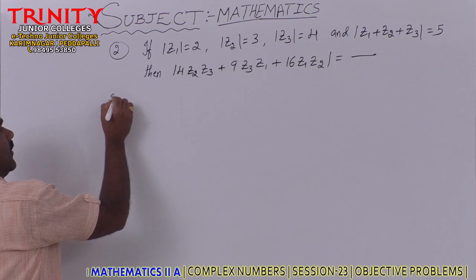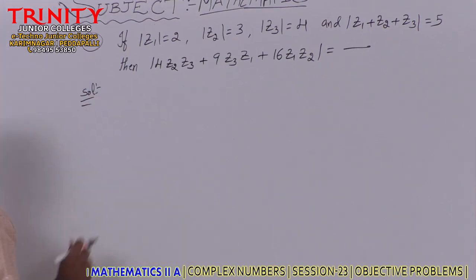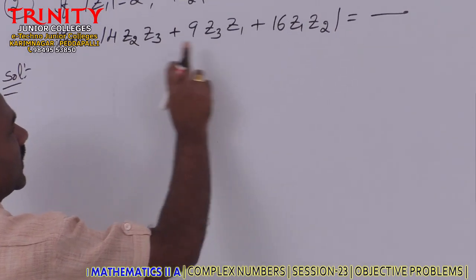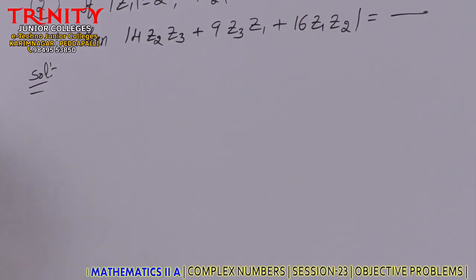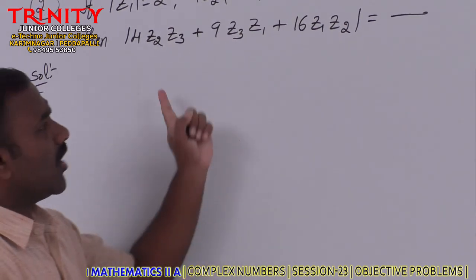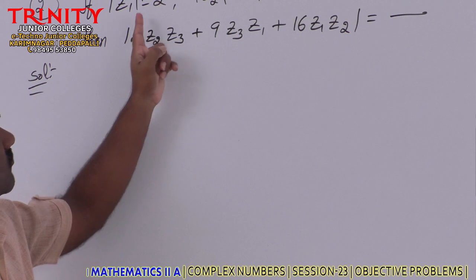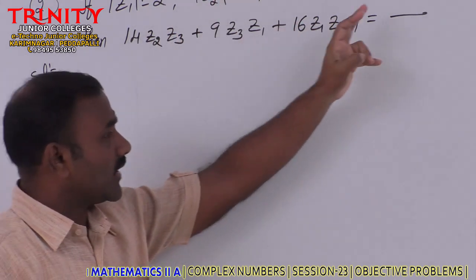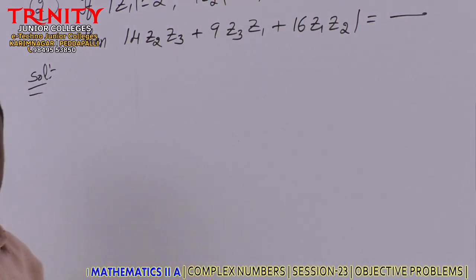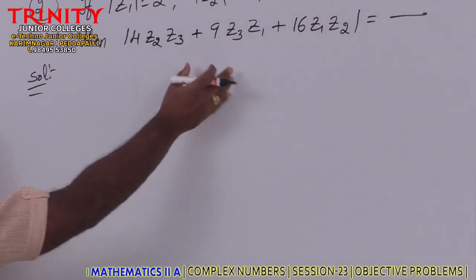See, we have to observe this modulus in terms of z1, z2, z3. Means we have to separate them individually, z1, z2, z3 and the sum of z1, z2, z3, then we can utilize those values and we'll get the required result. Then how to utilize them?